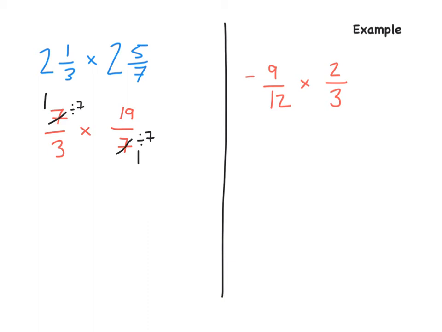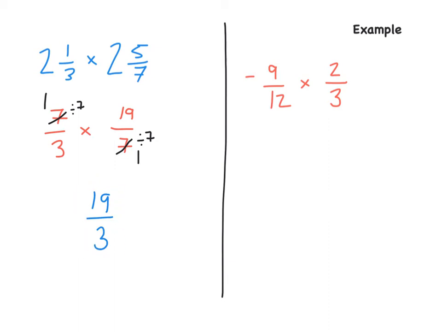So when we multiply straight across, 1 times 19 is equal to 19. And 3 times 1 is equal to 3. So our answer, if we want to leave it as an improper fraction, would be 19/3.